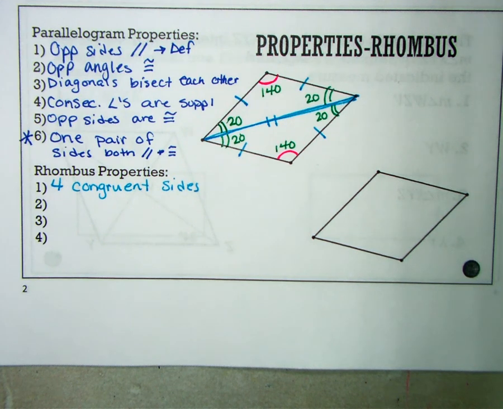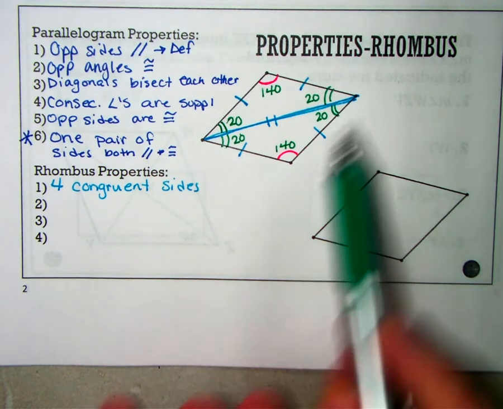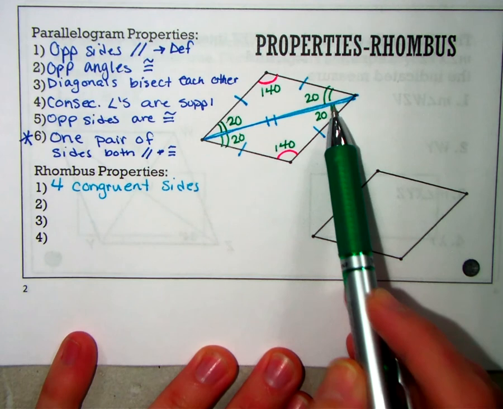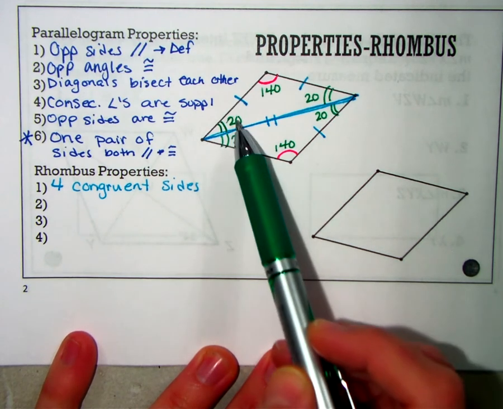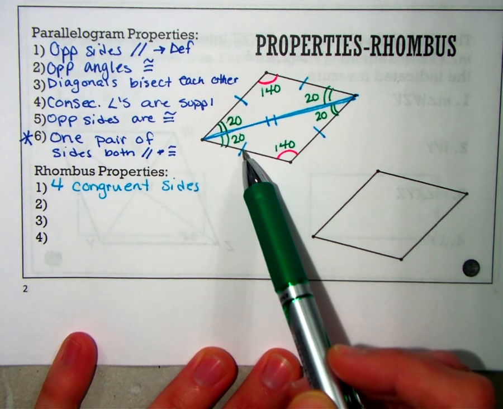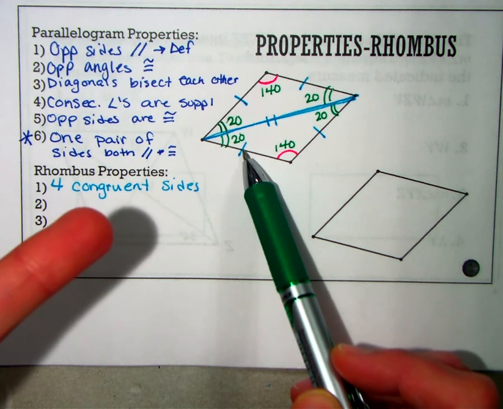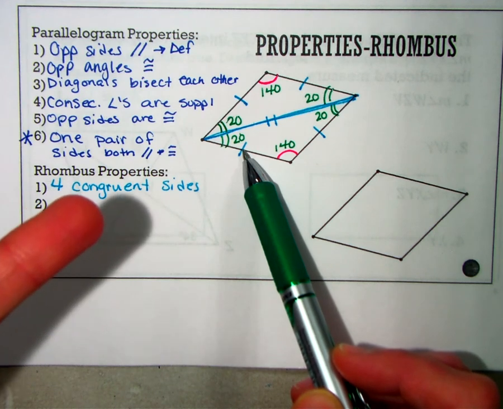Okay. So what just happened? What just happened is this diagonal right here cut this into equal parts. How many equal parts? 2. What is the fancy word for cutting into 2 equal parts? Bisect.